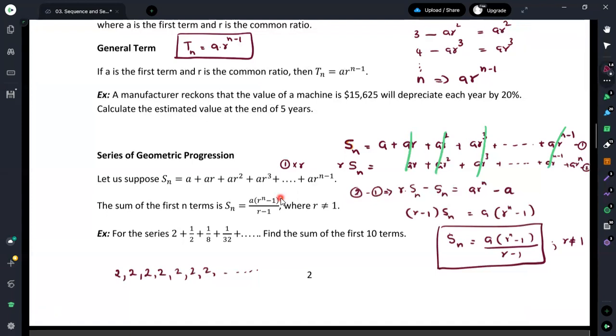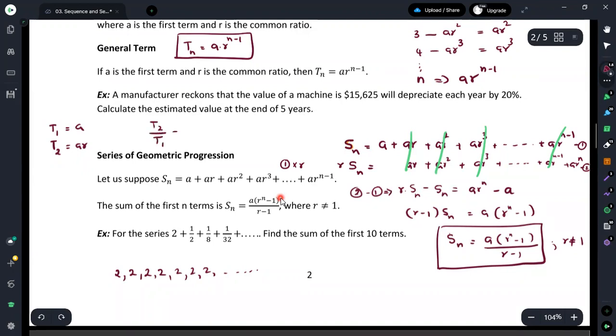But prior to discussing this example, I would like to highlight this as well. Suppose that you have the first term as a and the second term as ar, then we can take the value for r, the common ratio. If we simply take the ratio between the second term and first term, then we get ar over a, which equals r.